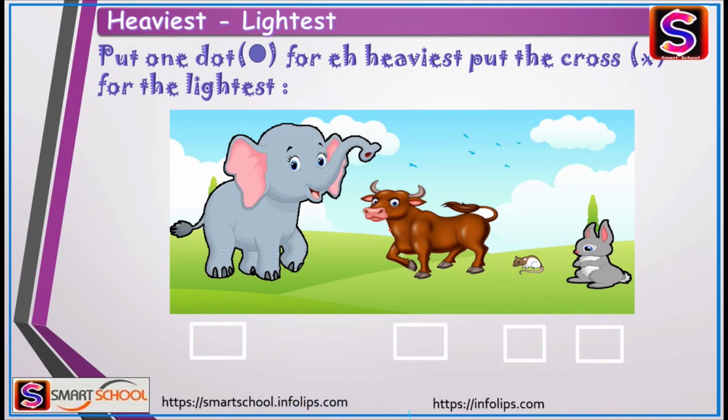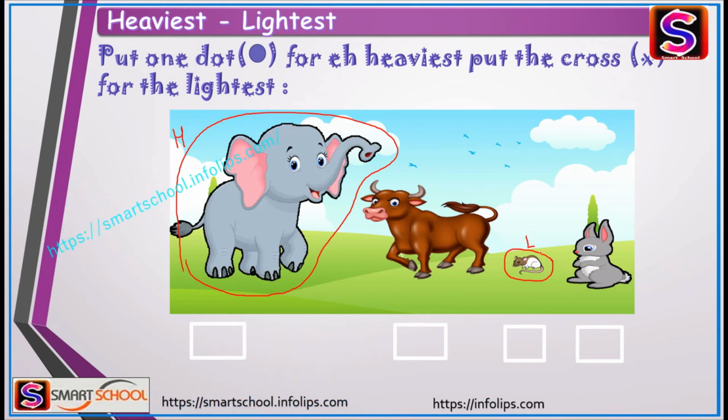The elephant is heaviest because it has much more weight than all the other animals, and the rat is lightest because it is very small and has very little weight. So we will put a circle under the elephant and a cross under the rat. Okay?